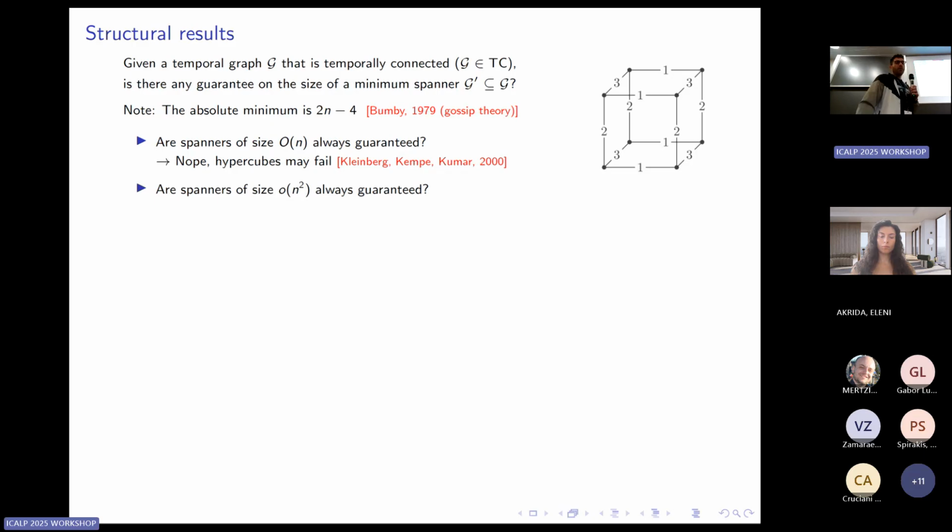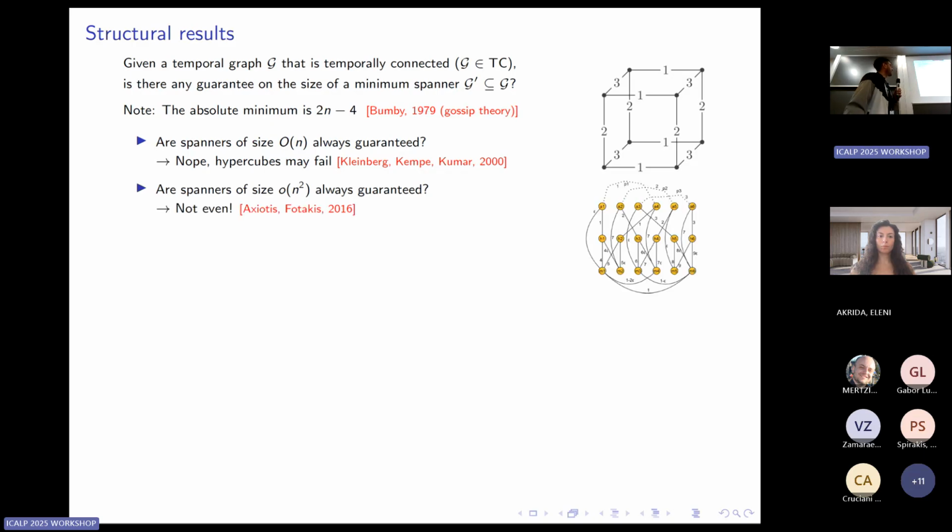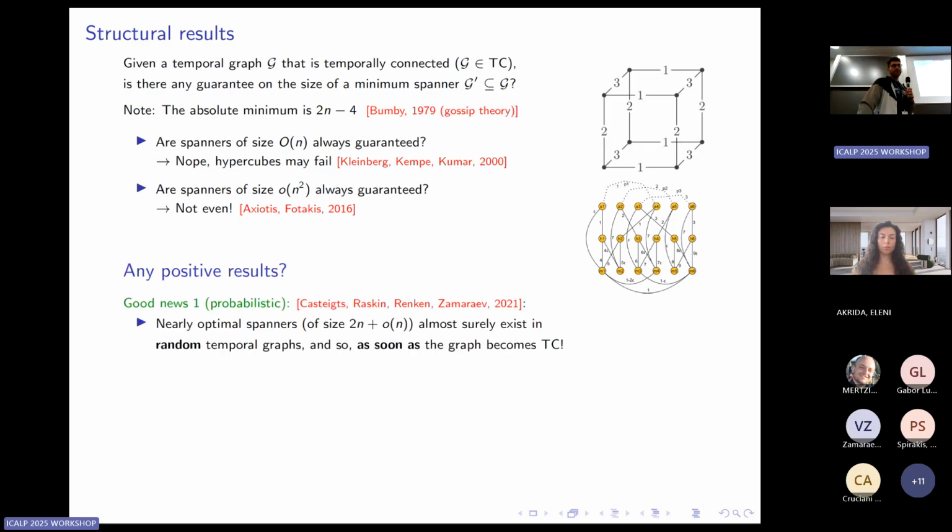So they moved to the question, can we guarantee at least something a bit less than quadratic? And the answer is again no. Axiotis and Fotakis proved that there exists a family of graphs that has roughly n squared edges and cannot be sparsified.